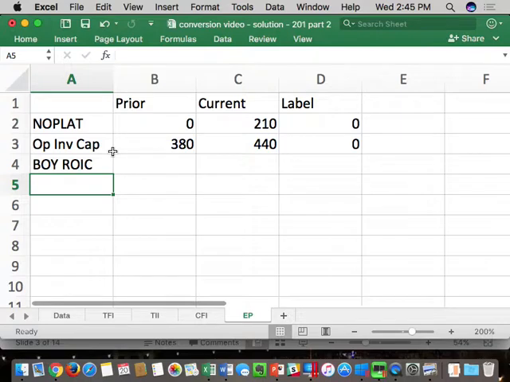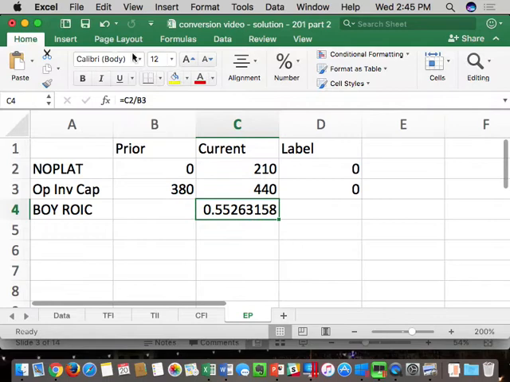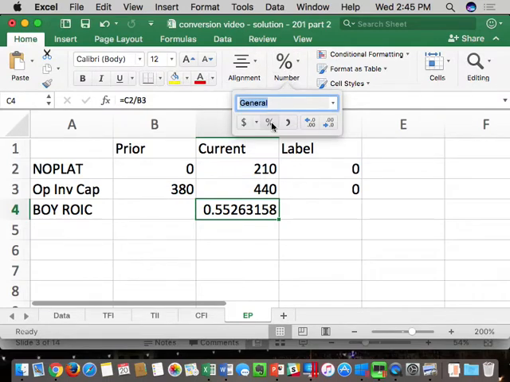Okay, so here's what we mean. To do a beginning of year ROIC, we take the NOPLAT and we divide by essentially last year's invested capital. Okay, so basically the end of last year is the start of this year, and that's called the beginning of year ROIC, which would be approximately 55%.